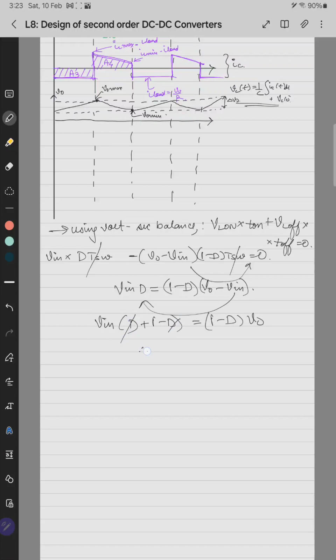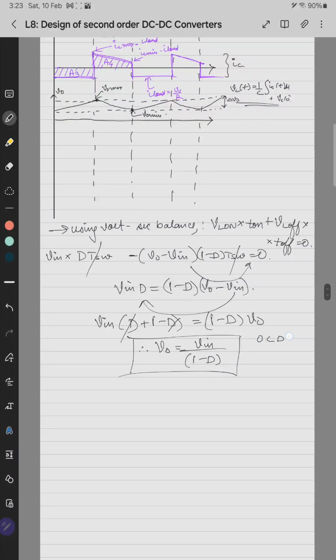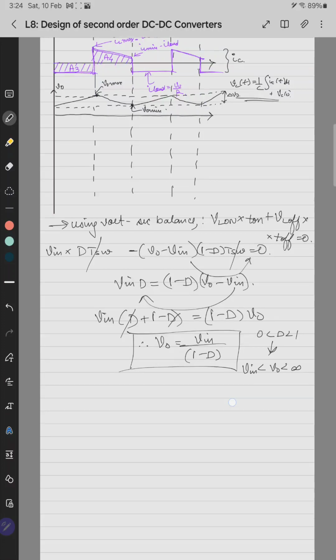This will get cancelled. Therefore V naught will be V in by 1 minus D. And as D lies between 0 and 1, V naught lies between infinity and V in. This is the range of the output voltage for the boost converter.